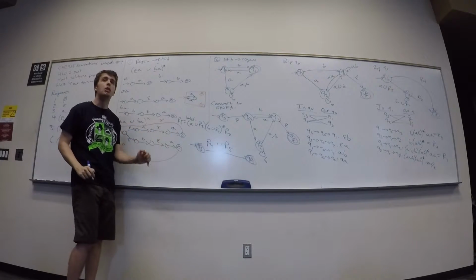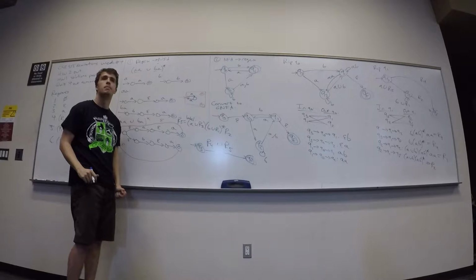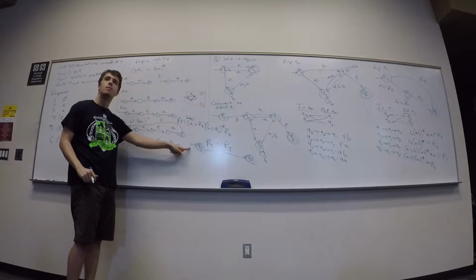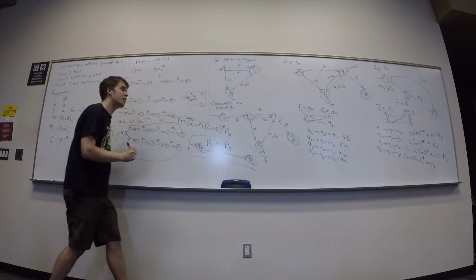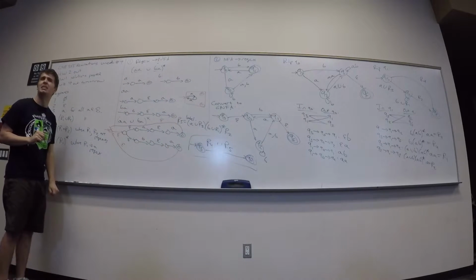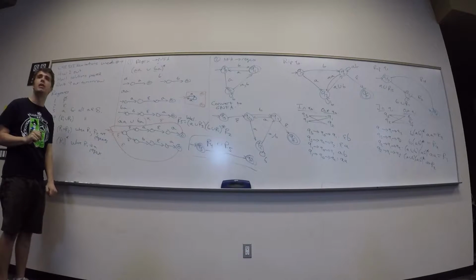Is this the regular expression that I wanted? Careful. I'll give you a hint. Is this the regular expression that I wanted? No. What is it? It's the GNFA. What's the regular expression that I wanted?